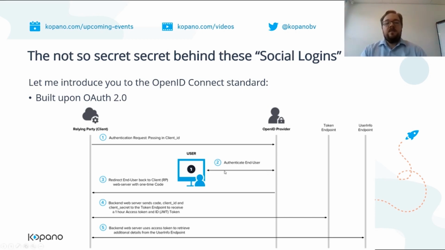And once that authentication is established, the relying party, the web application where you log in, just gets a token to verify, hey, this user is logged in, he can use these services. The relying party is usually aware of your username, but has never seen the password of that user, because all that is handled with the OpenID provider.